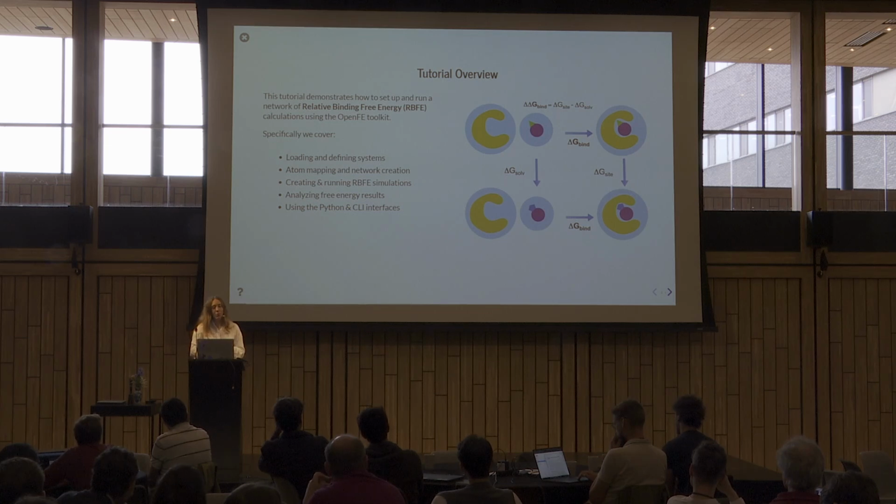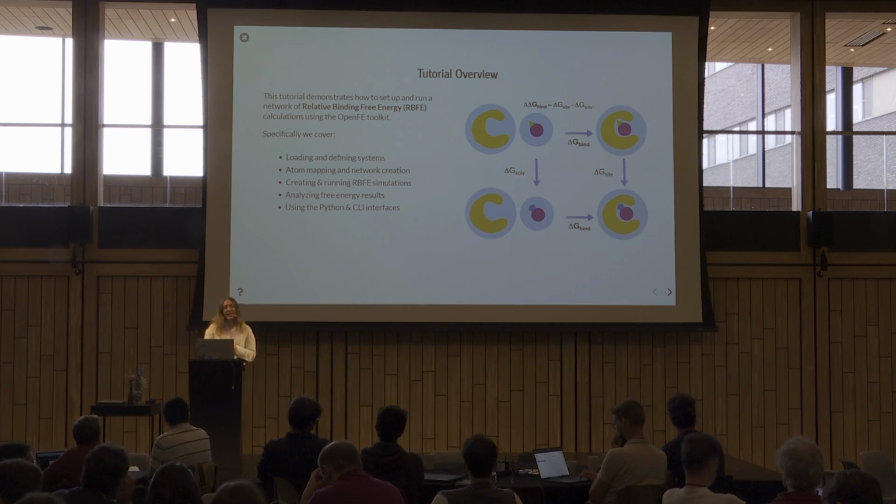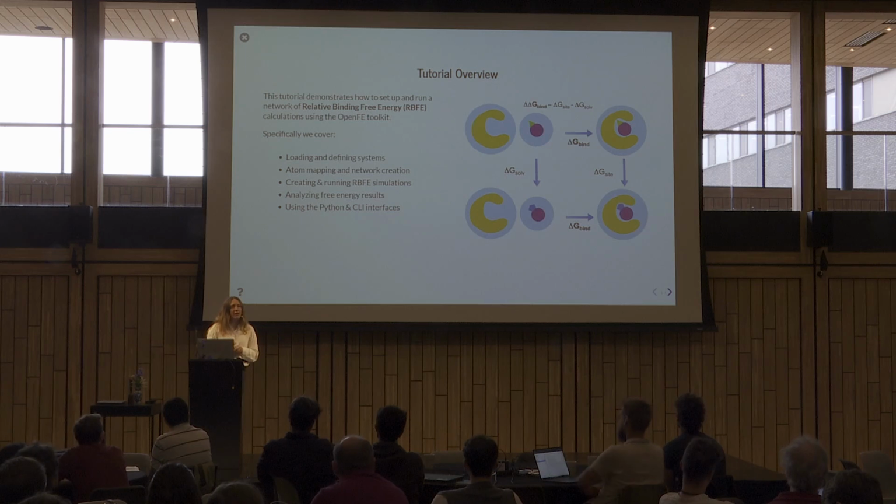We will then run the calculations, though that will be kind of like a cooking show experience, because that's kind of expensive. Then we will analyze our cooked results. I will show most of this in the Python API, to give you a deep dive into how the modularity of our tool looks, but we'll also show you the command line interface.